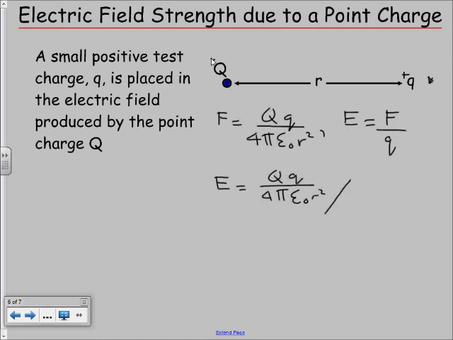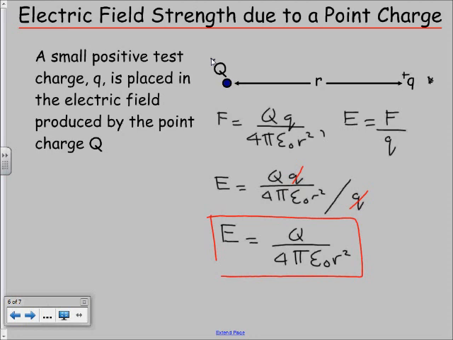The little q's cancel out, and so we get electric field being equal to Q over 4 pi epsilon 0 r squared. Okay, and that's the formula we'd use to calculate the strength of the field in a radial field.